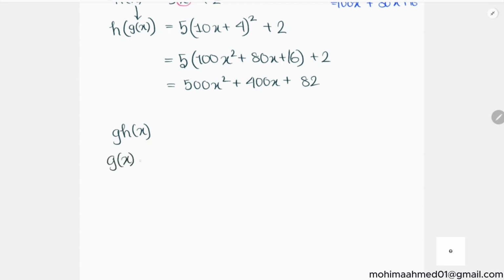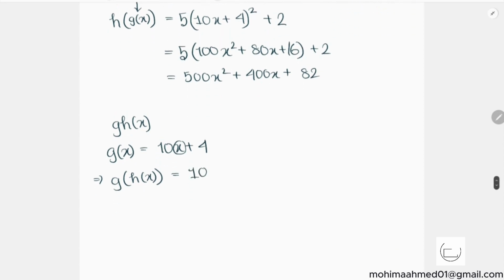So you'll write gx very first, which is 10x plus 4, and then instead of writing gx, you will write ghx. Now we have x over here, so instead of writing x, we can write 10 times the value of hx, which is 5x squared plus 2, and plus 4 over here.